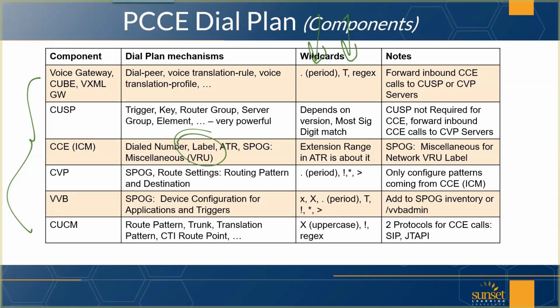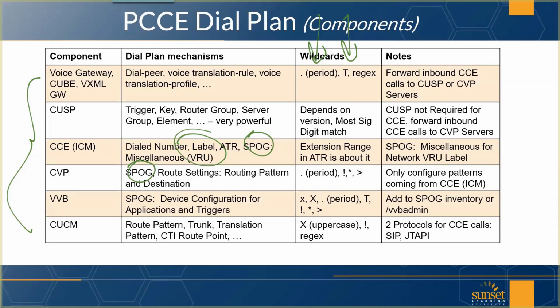Both of those, by the way, are administered by the single pane of glass, or SPOG. In our voice browser, also administered by the SPOG, we have device configuration requirements for what are referred to as applications and triggers. We'll expand on each of these as we move through this system. And also in Call Manager, of course, route patterns, trunks, translation patterns, etc.